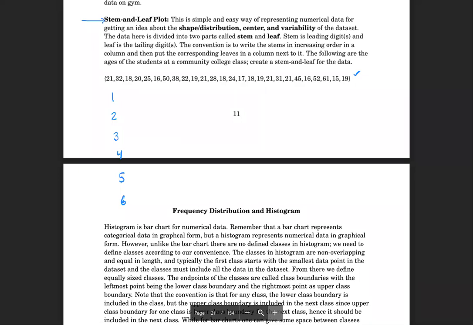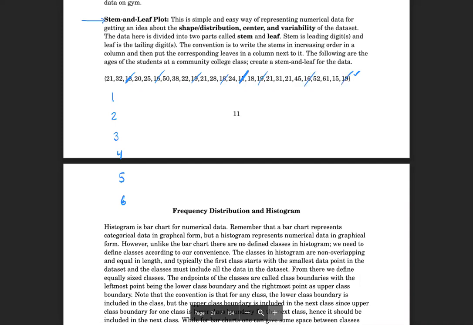Now we look at the teens and then go ahead and cross them out. So there is an 18, 16, 19, 18, 17, 19, 16, 19.